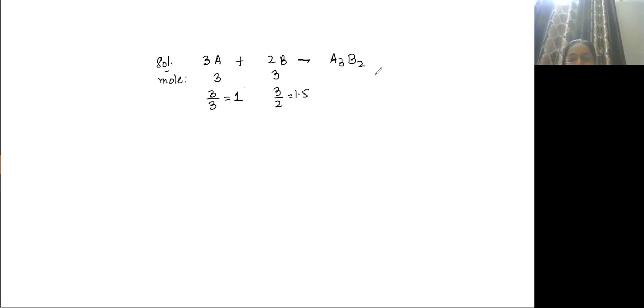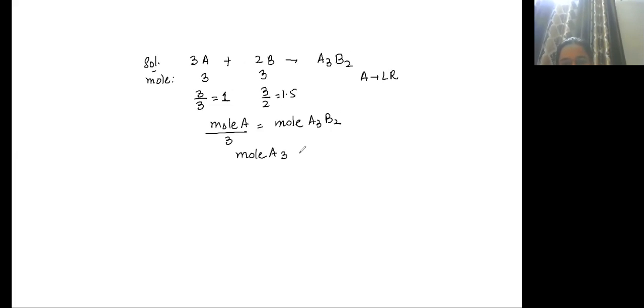So limiting reagent, will you agree that A is limiting reagent? So A will decide the moles of A3B2 formed. Moles of A divided by 3 is equal to moles of A3B2. So moles of A3B2 formed is 3 by 3, that is equal to 1.